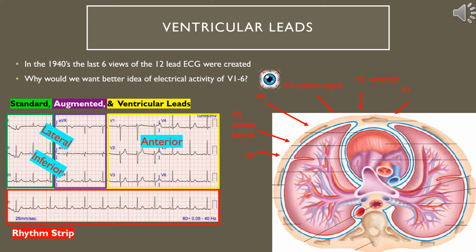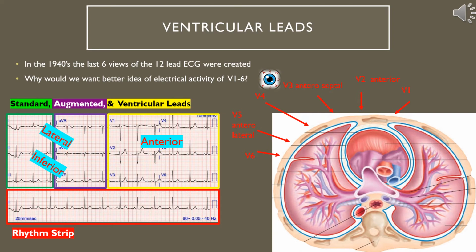And that has to do with where the heart is in the process of creating waveforms and how far away it's being measured. So you start to see some different changes based upon which vector or ventricular lead you're looking at.